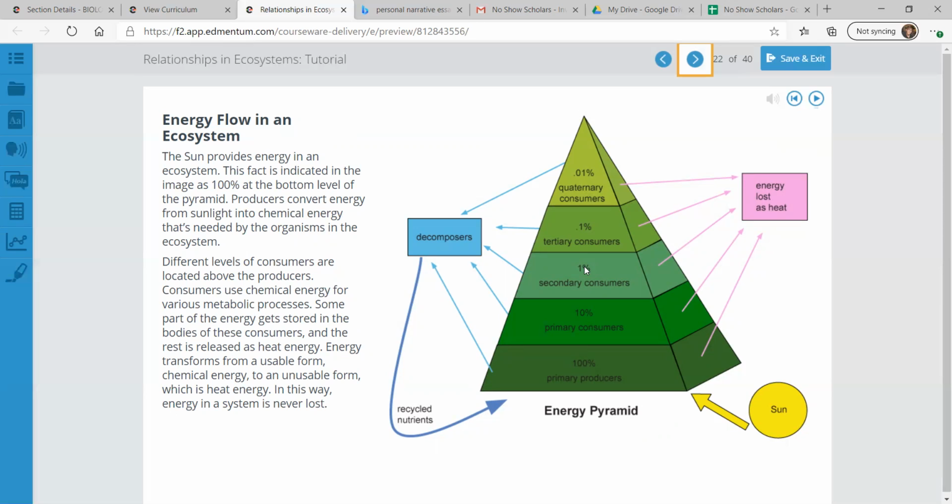Energy transforms from a usable form, chemical energy, to an unusable form, heat. So chemical energy, useful. Heat, organisms can't really do anything with that besides keeping the bodies warm, I guess. In this way, energy is never lost. It can always be accounted for.